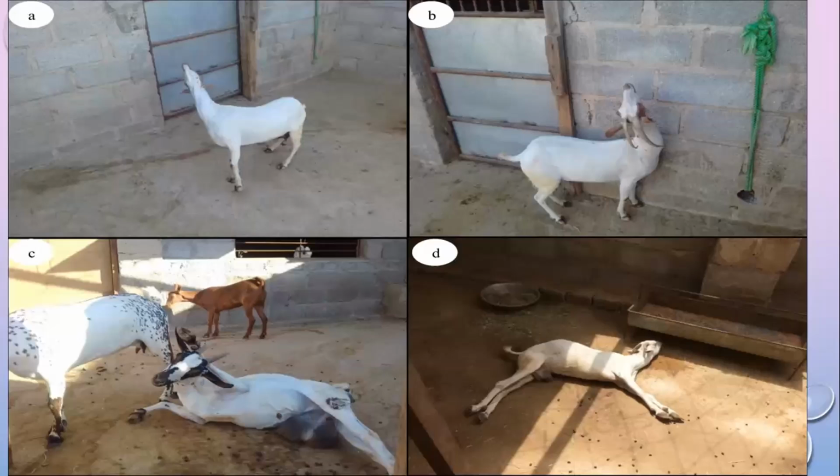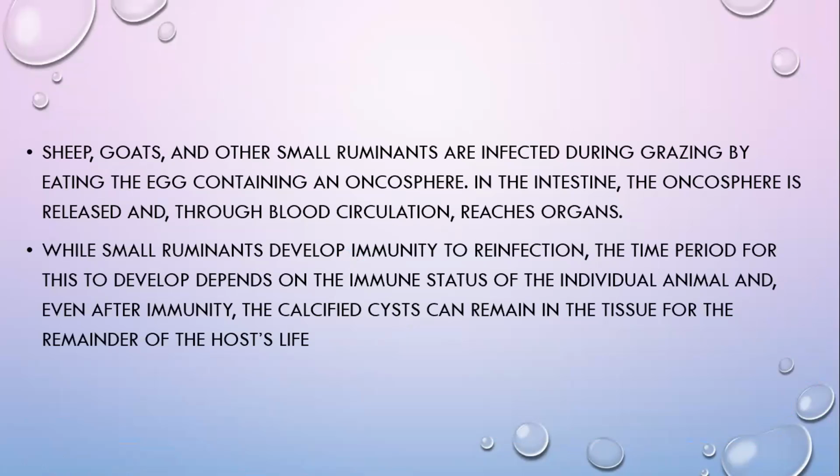These are the various forms of this, which is also commonly known as gid or staggers. In ruminants, the mode of infection is again the same way, by grazing, by eating the egg containing the oncosphere.